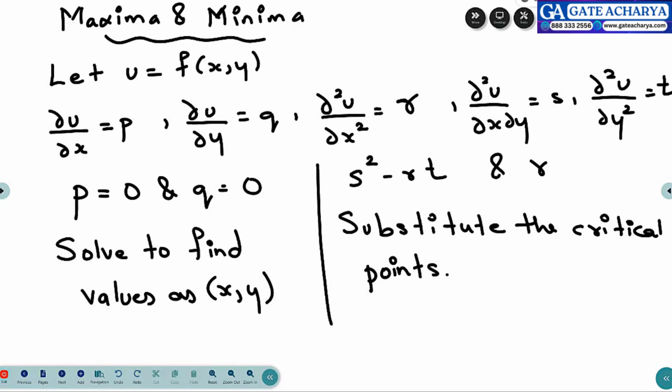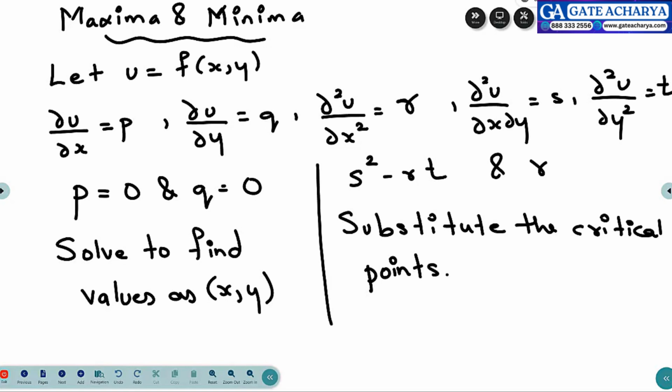And there is one more criteria: if s square minus rt is equal to 0, then the point is indeterminate. You cannot investigate that point.